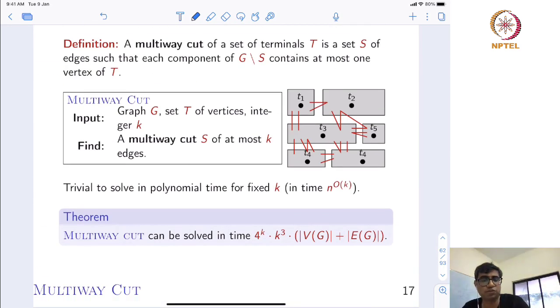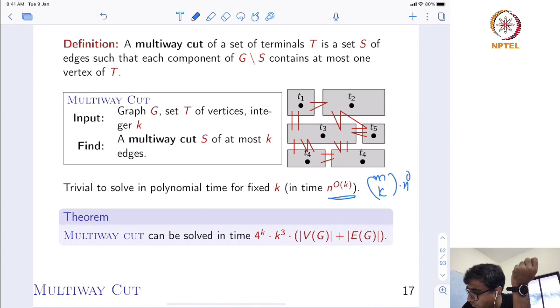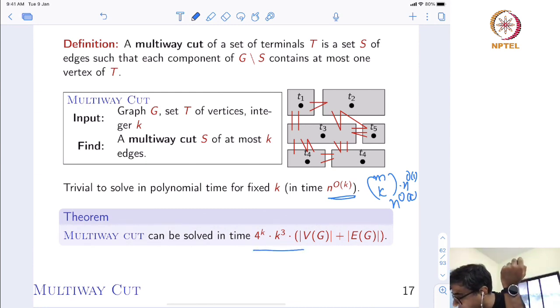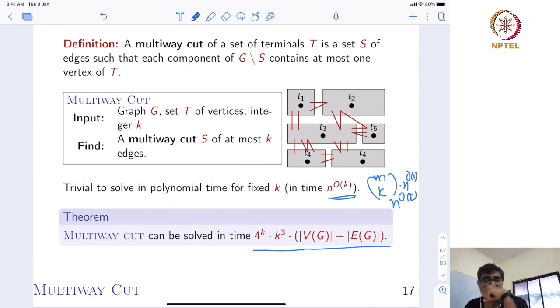Clearly, it is trivial to solve this problem in polynomial time for every fixed k. You try all possible k-size subsets and check whether each component contains at most one terminal, and this can be done in time n to the power big O of k, since you try m choose k edge subsets. But what we are going to show is that multi-way cut can actually be solved in time 4 to the power k times k to the power O(1) times (n plus m).